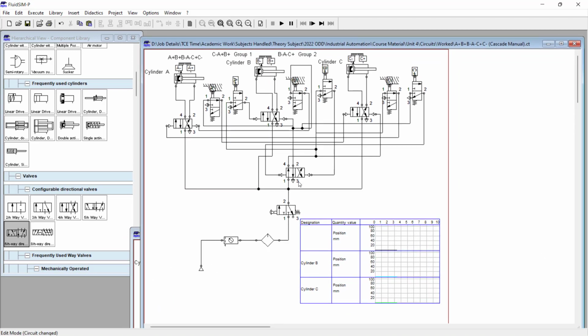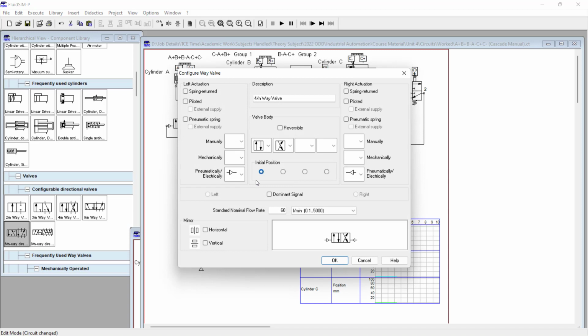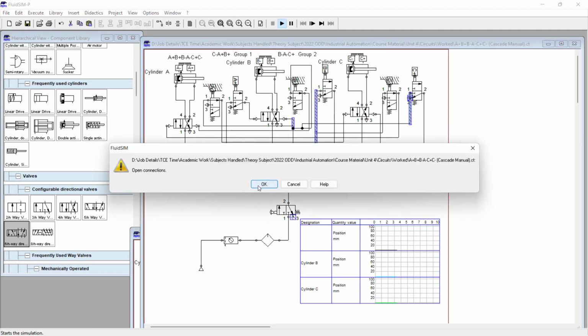Here I need to make one more alteration. You need to enable the initial position of the group changing valve as the first position. So when you enable this first position as the initial position, the automatic extension of C plus and C minus does not happen.